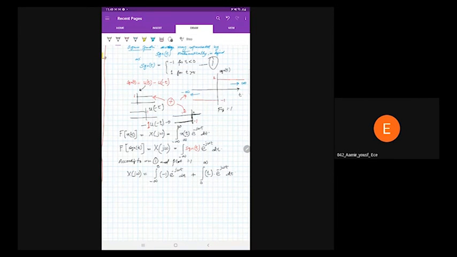Now see, if we try to find out X of j omega, X of j omega has two parts. One is this one, minus infinity to 0 integration होगी किसकी, e raised to power minus j omega t dt. Then you have another part, which is 0 to plus infinity, integration of e raised to power minus j omega t, then dt.